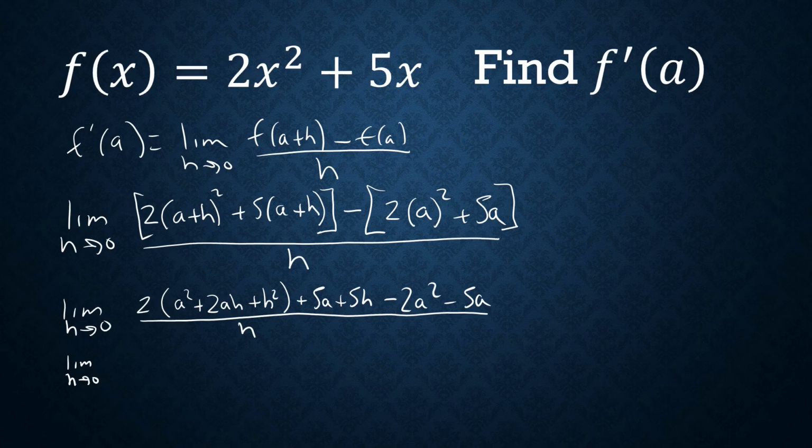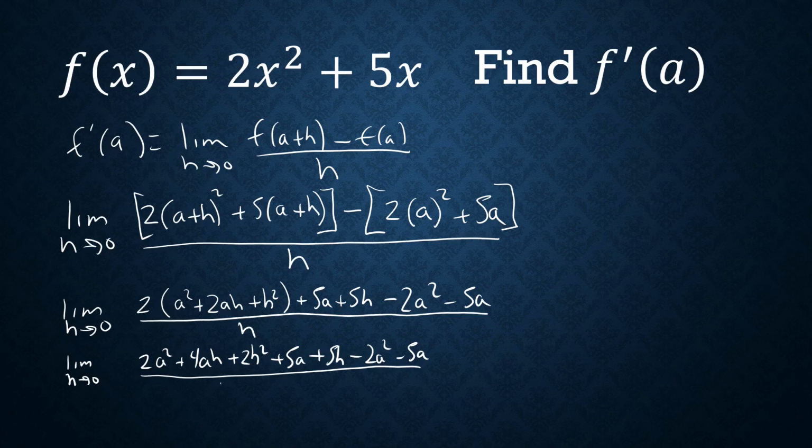I can distribute this 2, gives me 2a squared plus 4ah plus 2h squared plus 5a plus 5h minus 2a squared minus 5a.